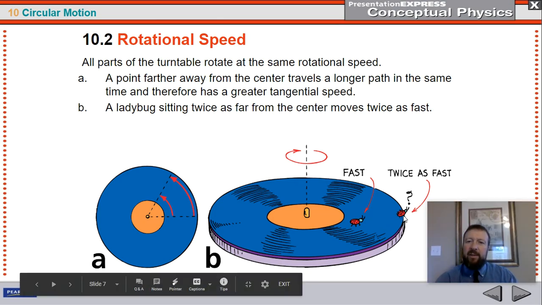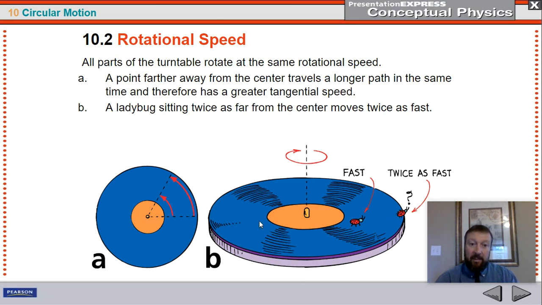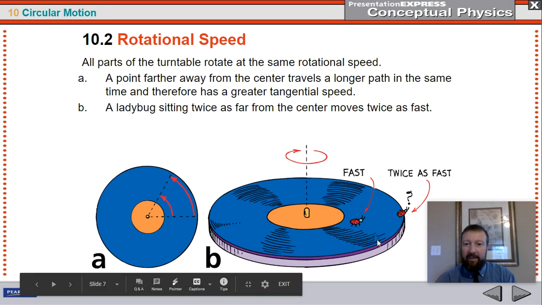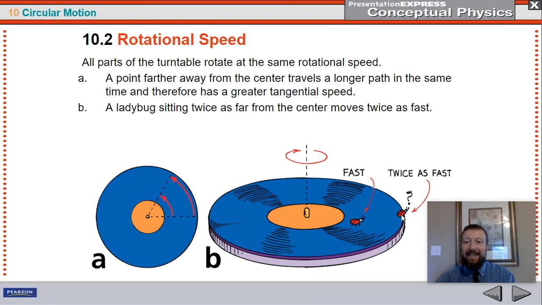So they have the same rotational speed, but they don't have the same linear speeds. If we take the actual distance traveled on the outside of the turntable or the record here, it's going a greater distance in the same amount of time. And if you go more distance in the same amount of time, you're going faster. So this ladybug, or a person sitting on the outside of a merry-go-round, is going at a faster linear speed, yet they have the same rotational speed.